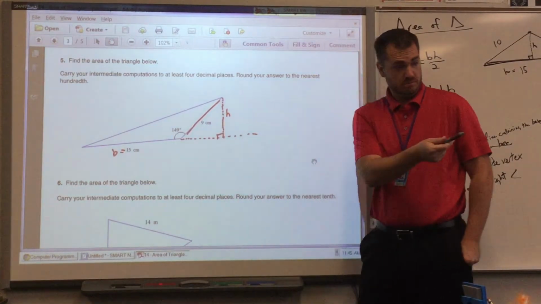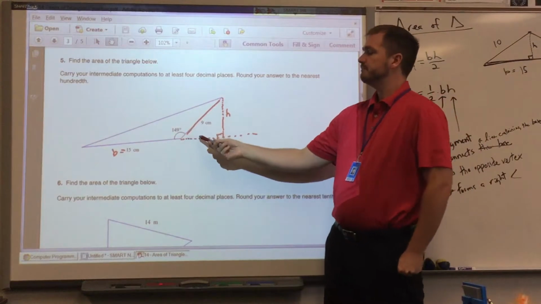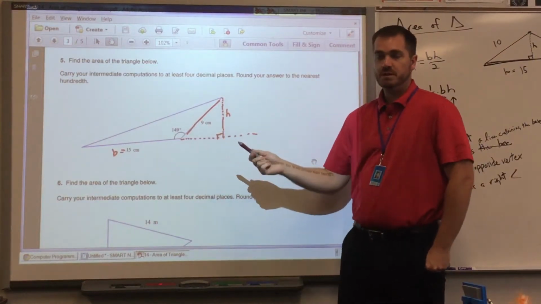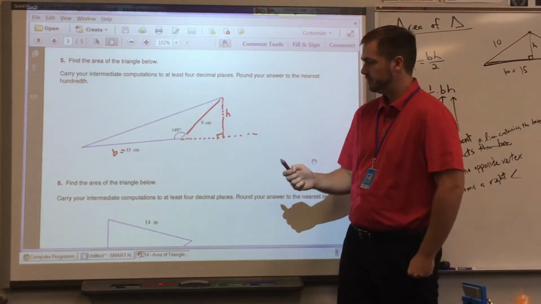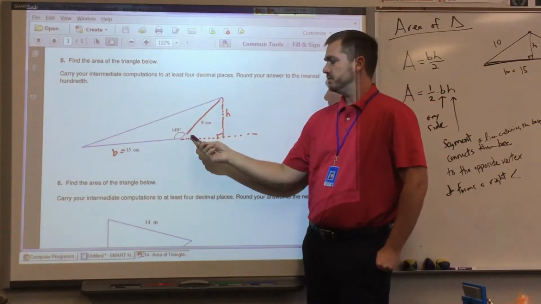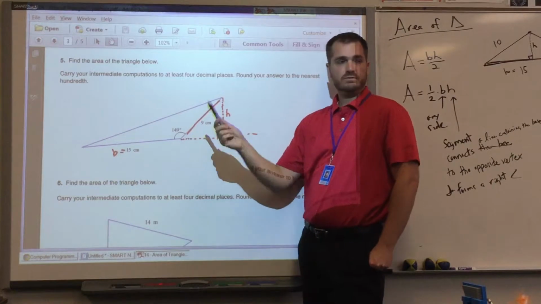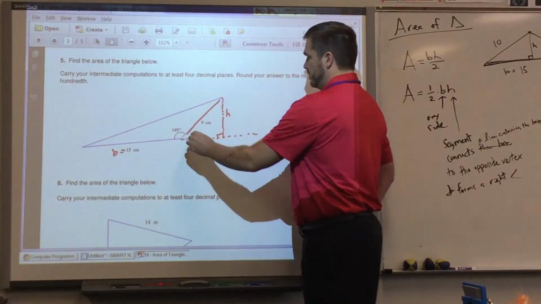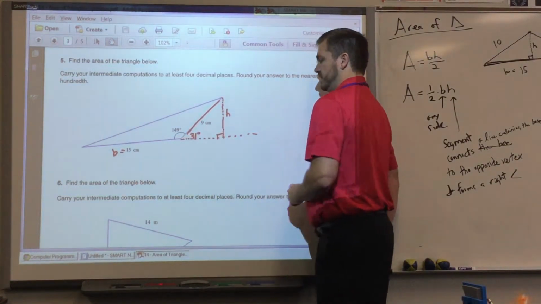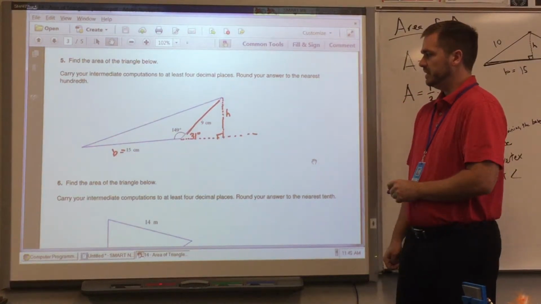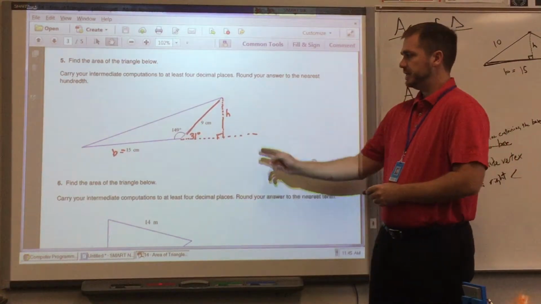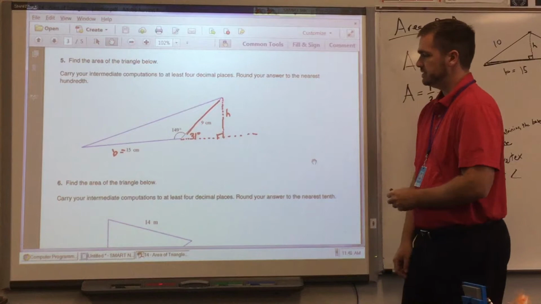Can't you take the 149 and get that other side? If by other side you mean the other angle? Other angle. Yeah, you could. Because this angle right here and 149 form a linear pair, they're supplementary. 180 minus 149 is 31 degrees. Aha! Now let us write a trig ratio to figure out what h is.